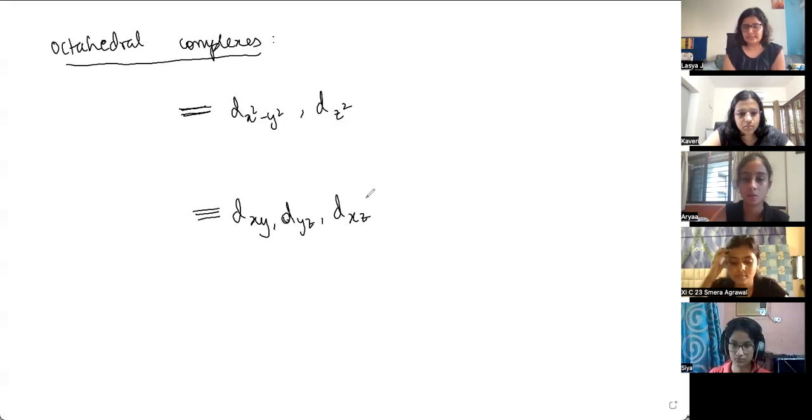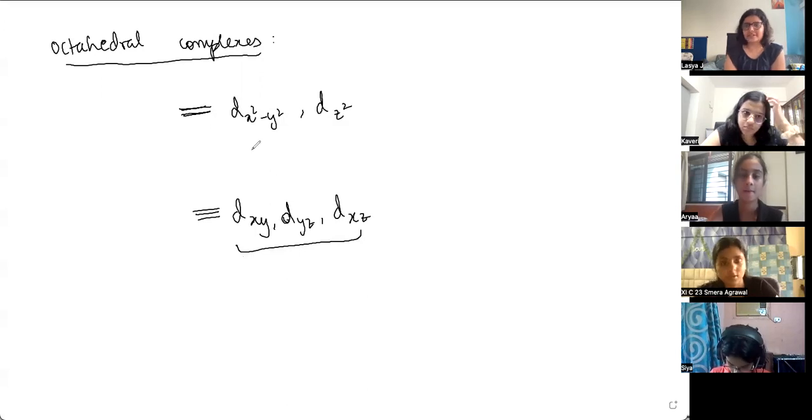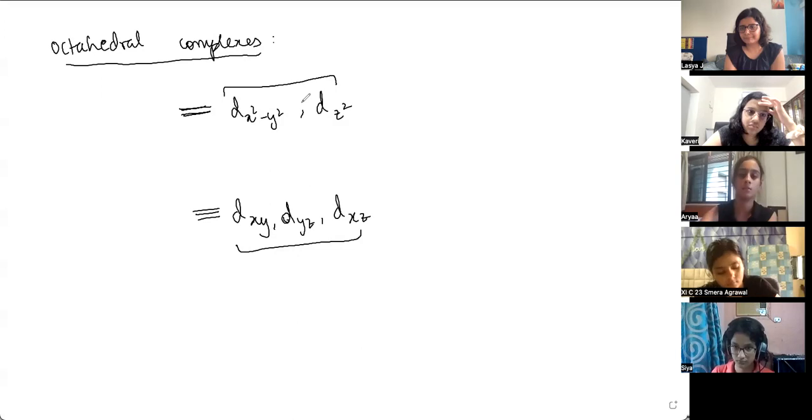So all five d orbitals are not degenerate, but these three are of equal energy, these three are degenerate, and these two are also degenerate, of equal energy.